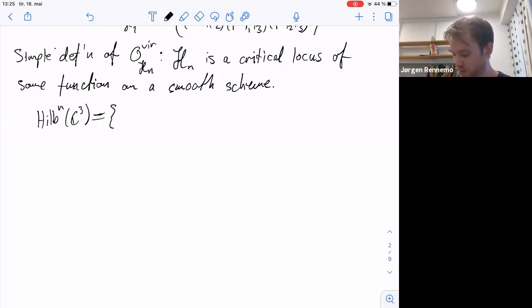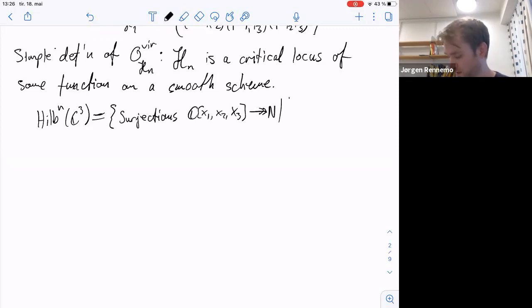So we previously described this as the moduli space of ideals. Alternatively, you can describe it as the moduli space of surjections onto some N, where the dimension of N is n, and this thing is a module over the polynomial ring in 3 variables.